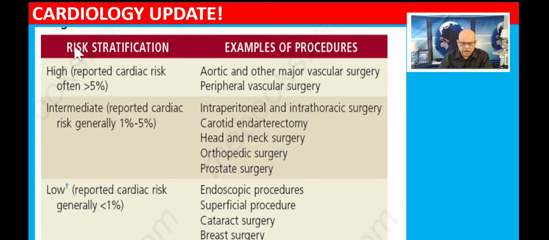The intermediate category involves carotid endarterectomy, head neck surgery, orthopedic surgery like hip replacement, knee replacement, or prostate surgery. There, the risk is less than 1% morbidity or mortality, which is related to non-cardiac procedures like endoscopic procedures or cataract surgery, breast surgery, or ambulatory surgery.